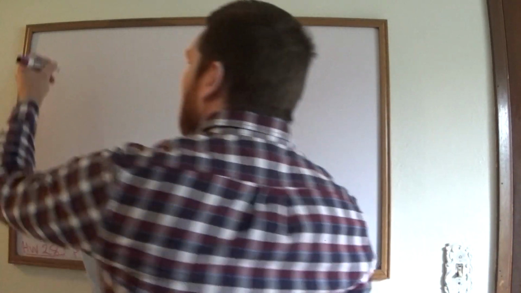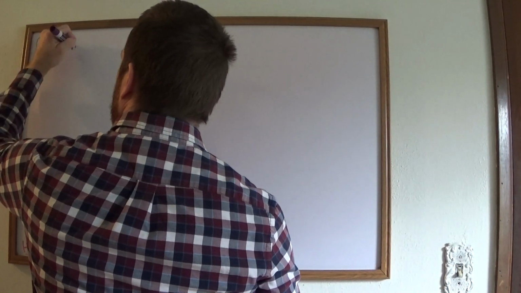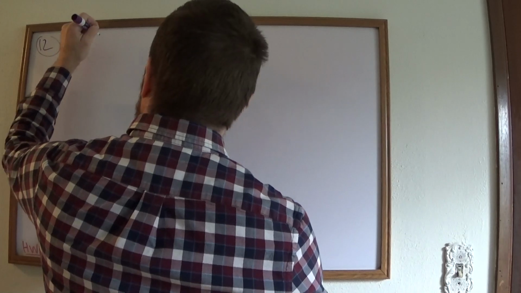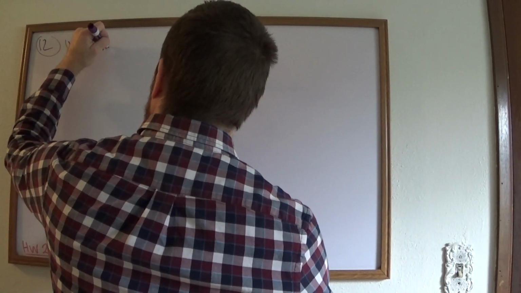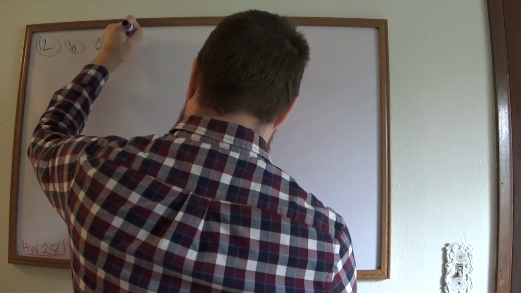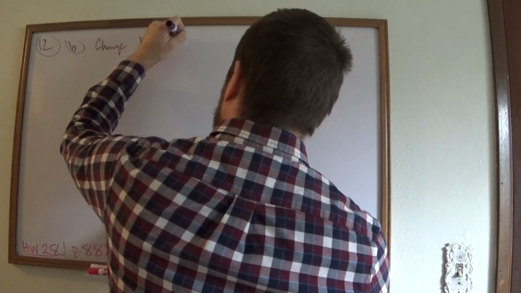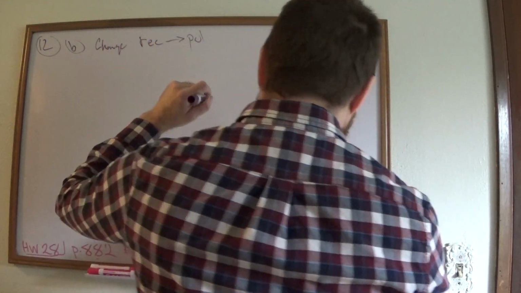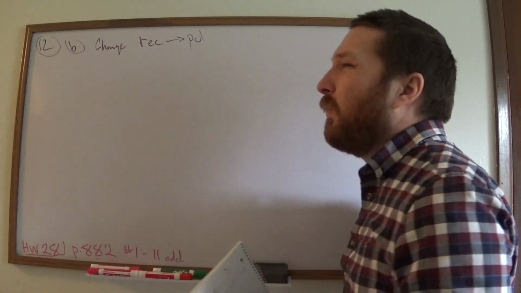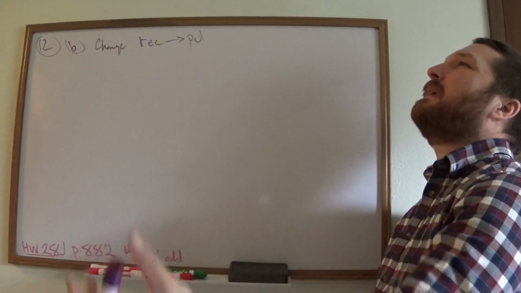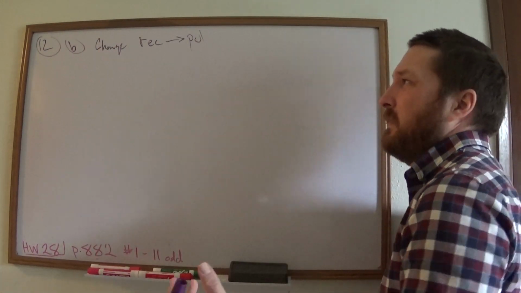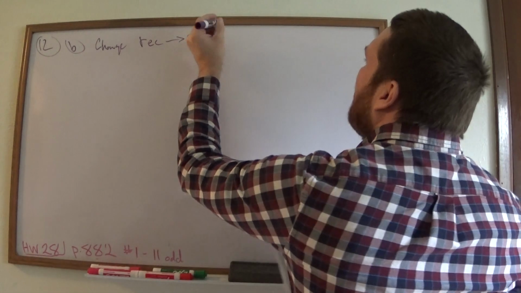So finally, let's do one of these. 12b. We are going to change coordinates from rectangular to polar. Now, you say, wait a minute, you told me there are infinitely many polar coordinates, that they're not unique.